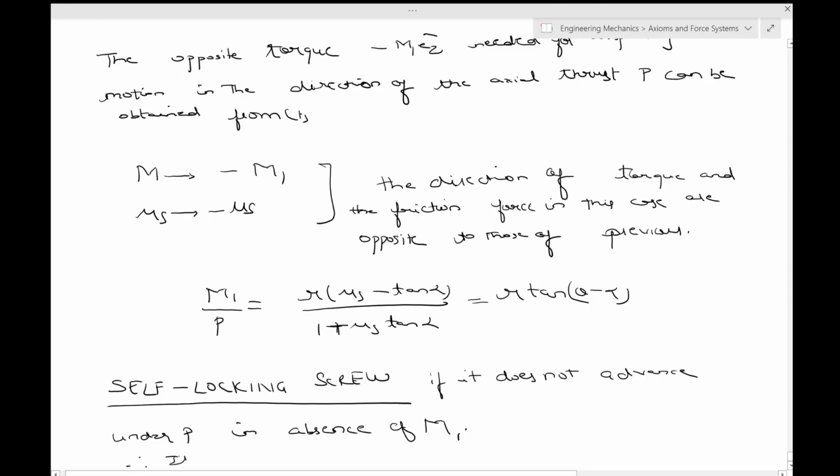So it is self-locking if M1 is greater than 0. Unless you use a screwdriver or otherwise apply a moment, it will not move up or down into the nut. That's where tan alpha is smaller than mu s. Okay, so that's where we can end our discussion on frictional torque for a square threaded screw.